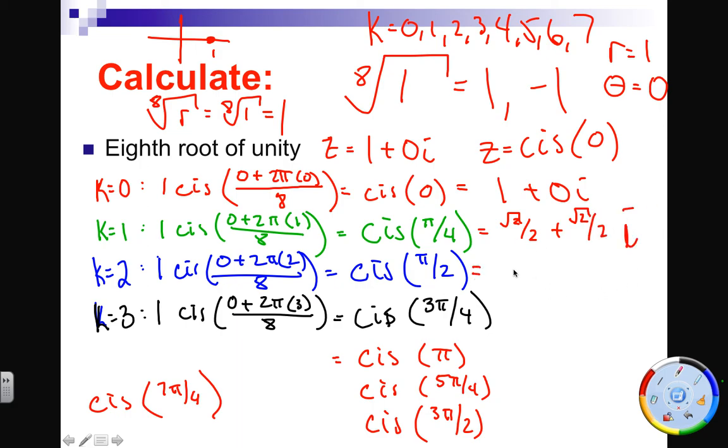Pi halves would be 0 plus 1i. And you can verify this for yourself if you're not quite convinced. Just do cosine of 3 pi fourths and sine of 3 pi fourths, and so on and so forth. This would be negative 1 plus 0i, and going down the line like so.